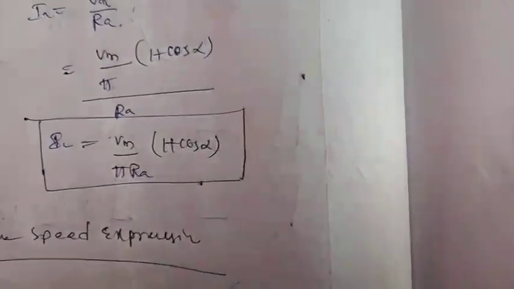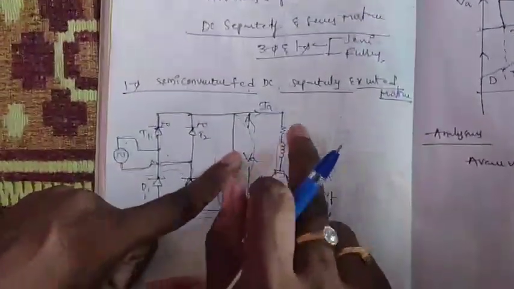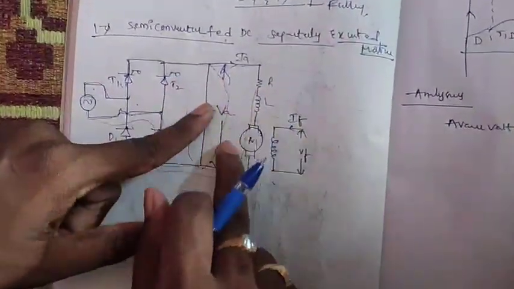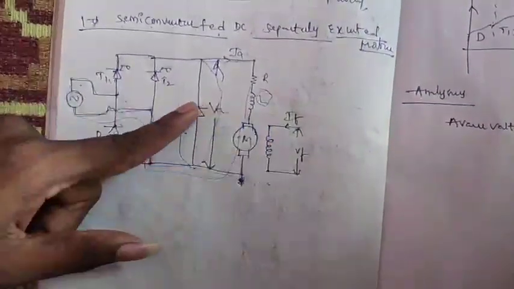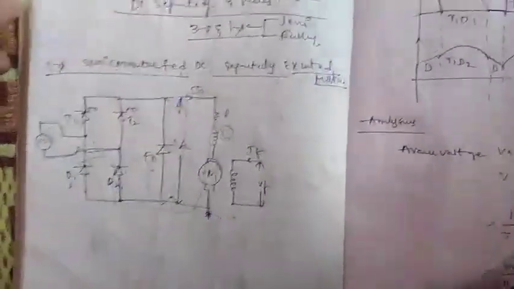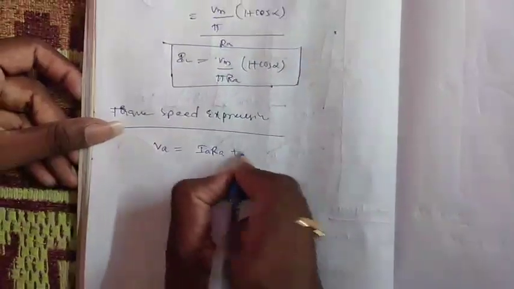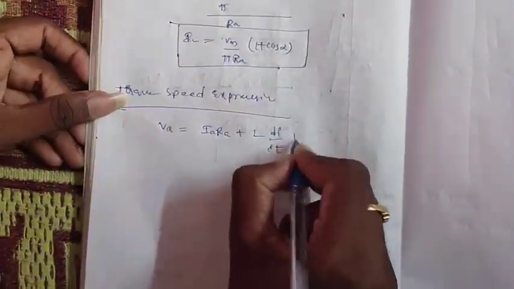So here I can write the formula for Va, that is the voltage drop in the armature resistance, the voltage drop in the inductance, plus the back EMF. Here the La value is very small, so it can be neglected. So Va equal to Ia Ra plus back EMF.